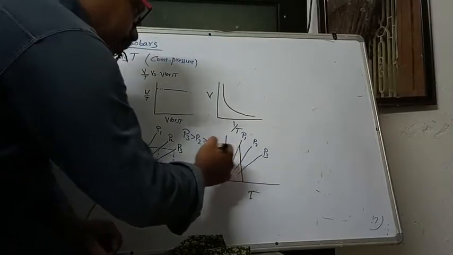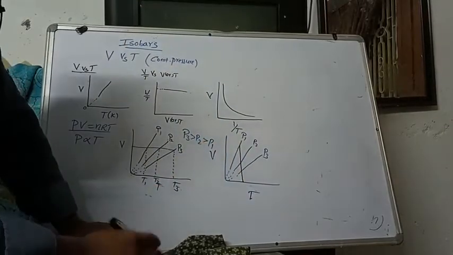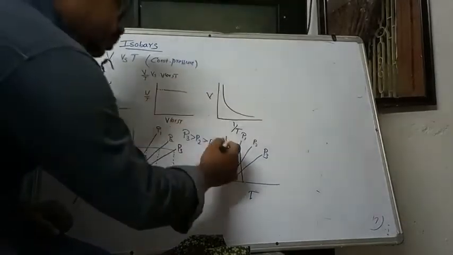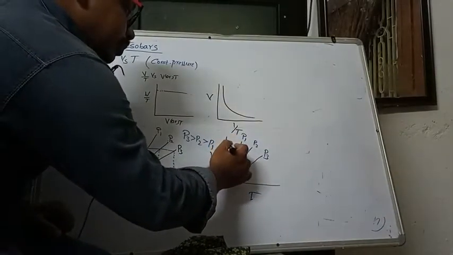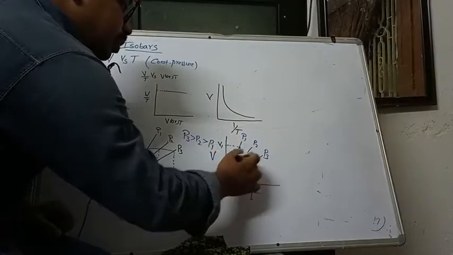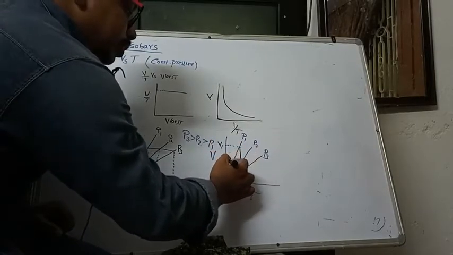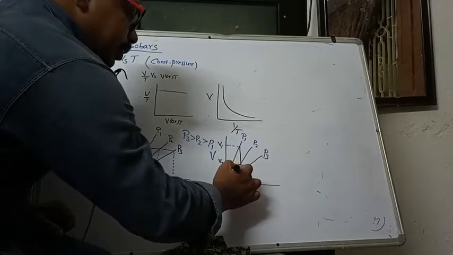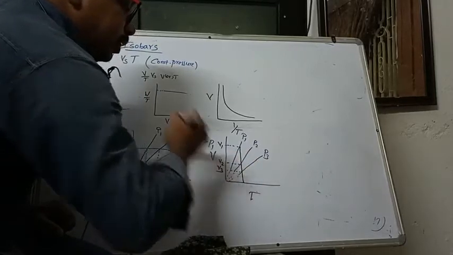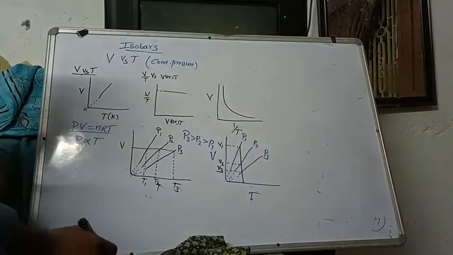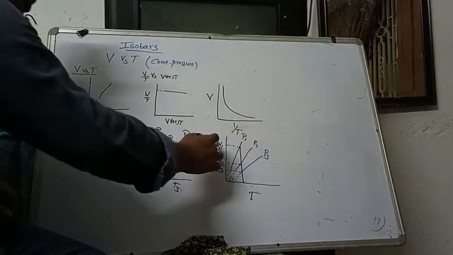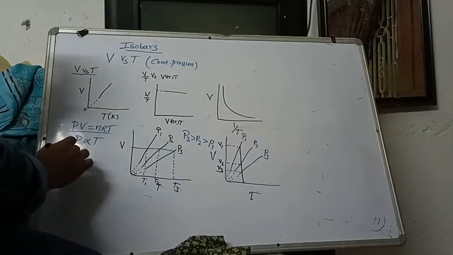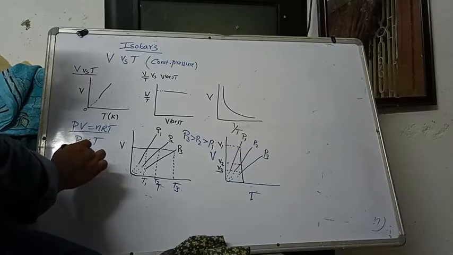But what happens to volume? We have not fixed the volume, so volume will change. At P1, the corresponding volume is V1. At P2, the corresponding volume is V2. At P3, the corresponding volume will be V3. What is the relation between volume and pressure? Pressure is inversely proportional to volume.